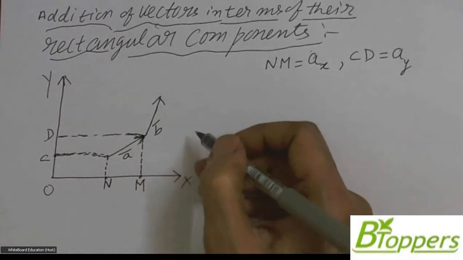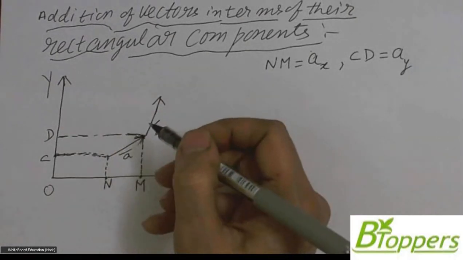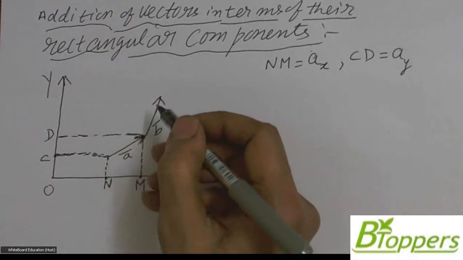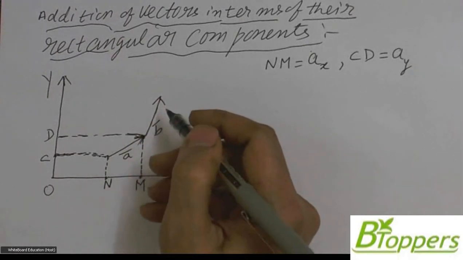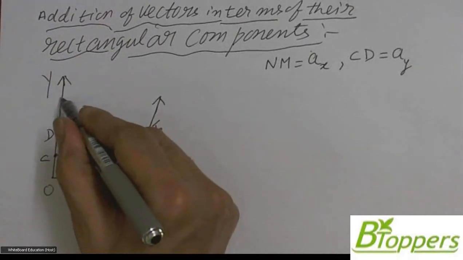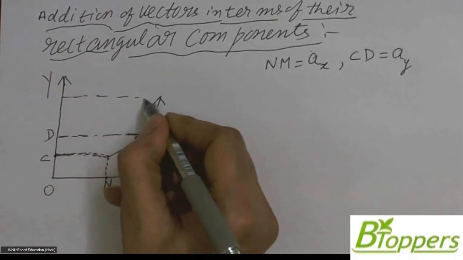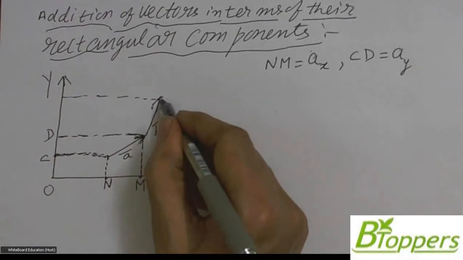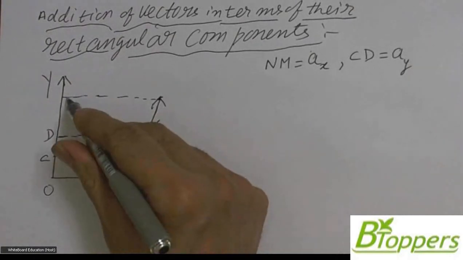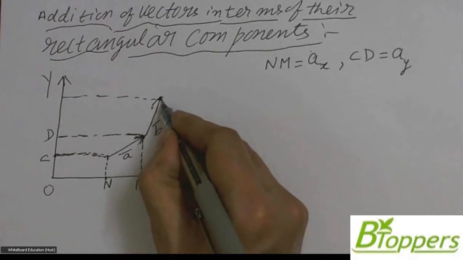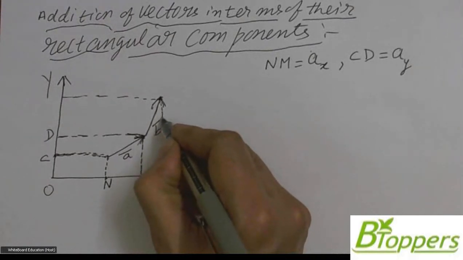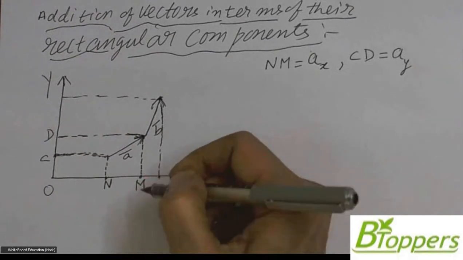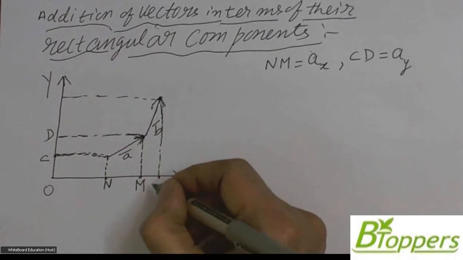In a similar way, you can find the rectangular components of the vector b bar along the x and y axis. You can drop a perpendicular from the head of the vector b bar on the y axis. Drop a perpendicular from the head of the vector b bar on the x axis.